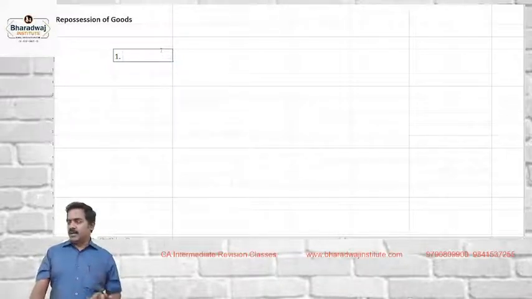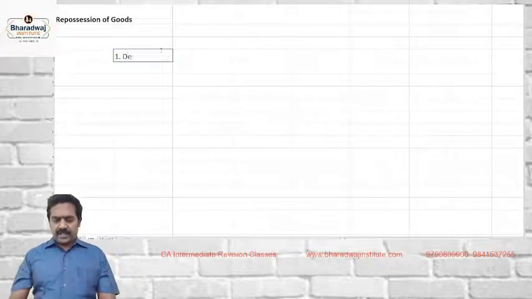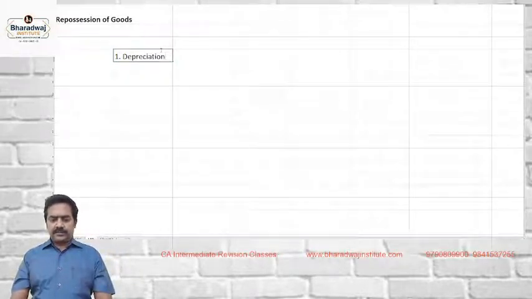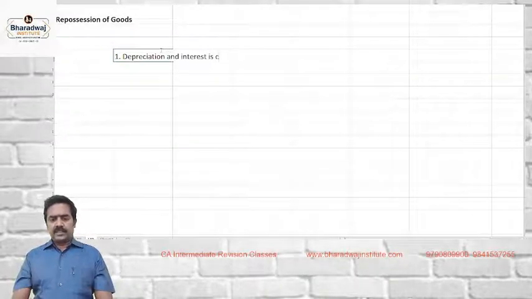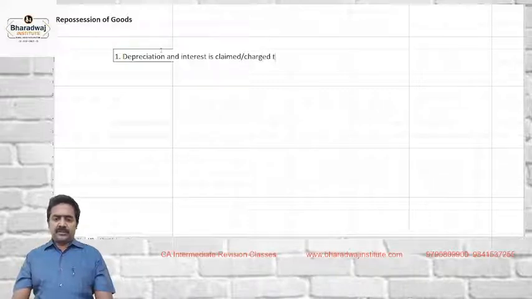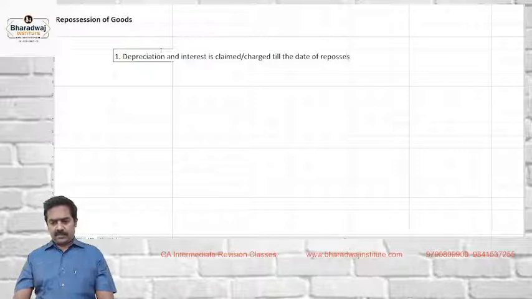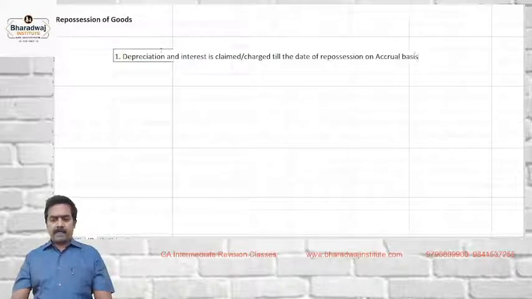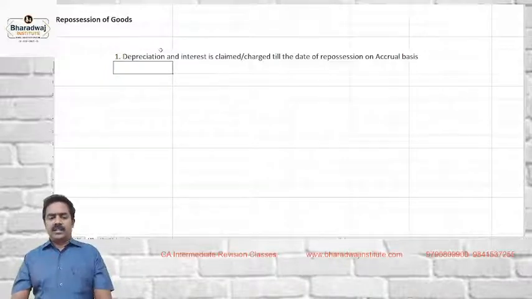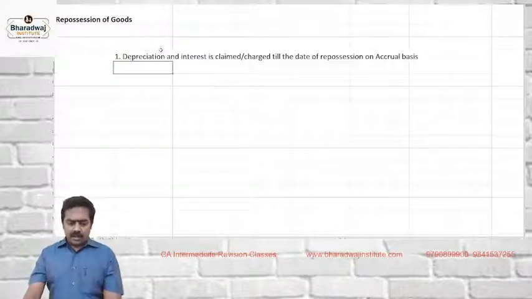Depreciation and interest are claimed or charged till the date of repossession on an accrual basis.